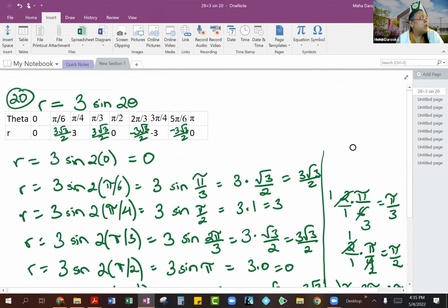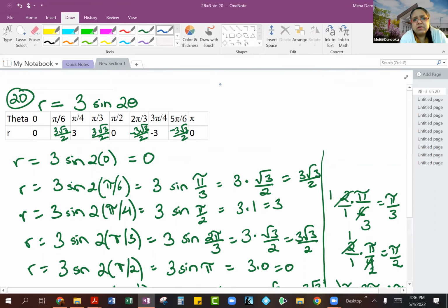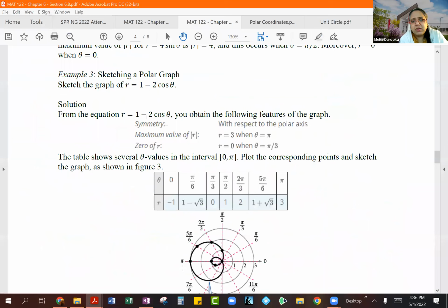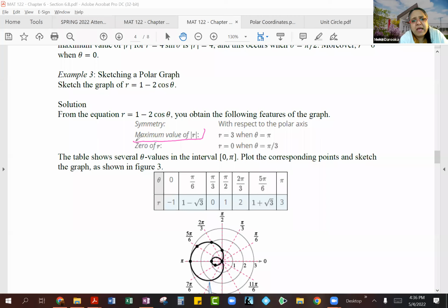Alrighty. So when we are talking about the maximum R value and the zeros, let me show you in your notes over here. When we talk about the maximum R value, we talk about that as an absolute value number.